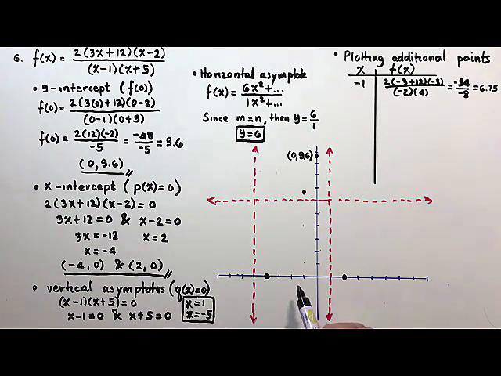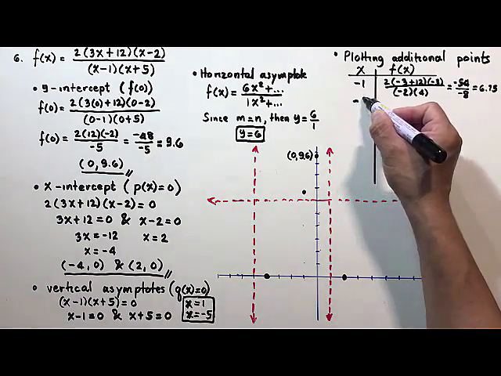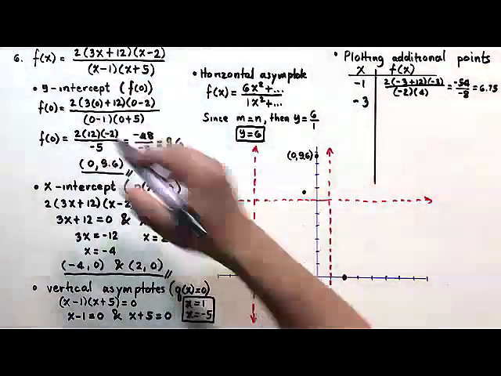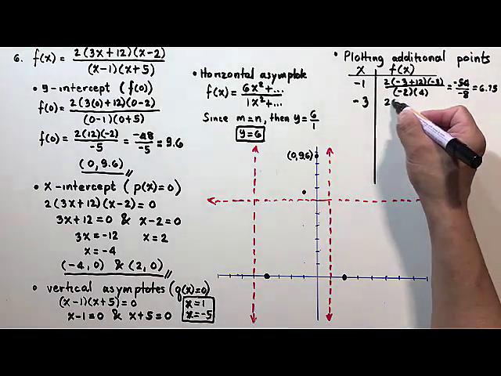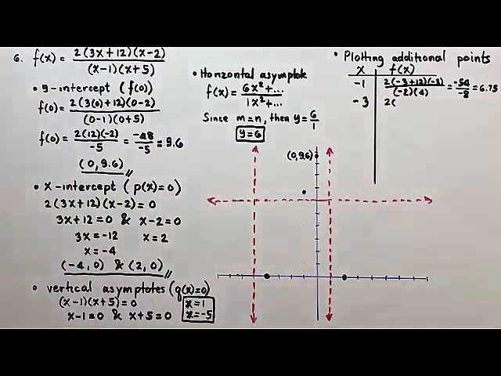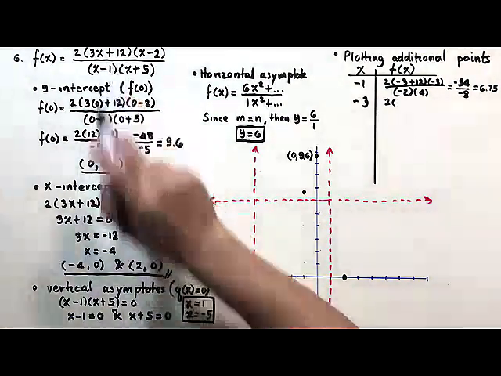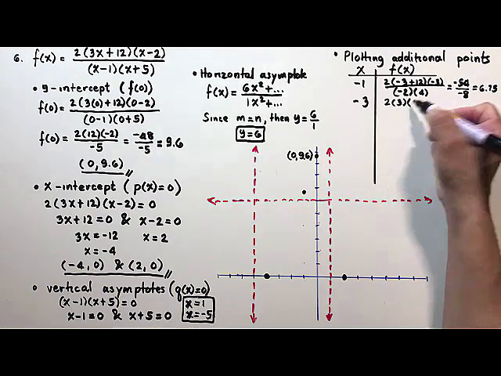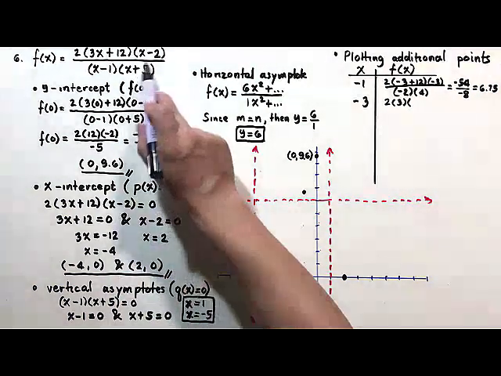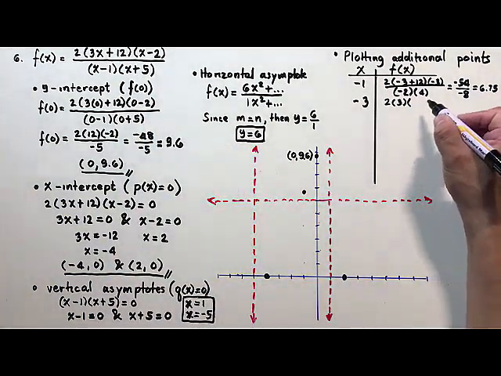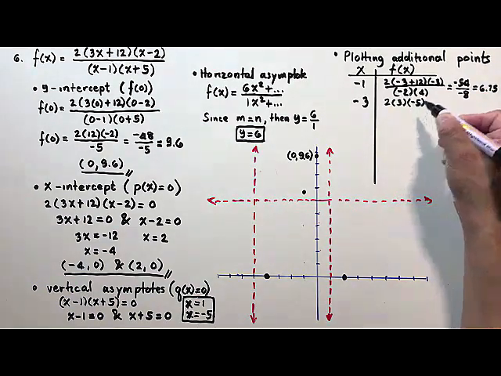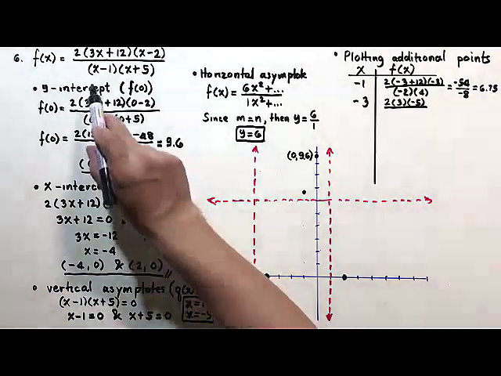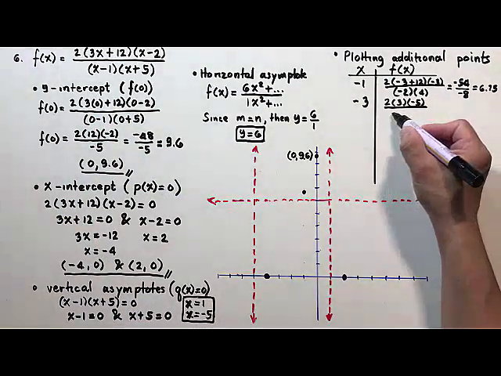Now I want to see also what happens to the graph at x equals negative 3. Substituting that there, 2 times 3 times negative 3 is negative 9. And negative 9 plus 12 is 3. And negative 3 minus 2 is negative 5. Divided by negative 3 minus 1, that is negative 4.